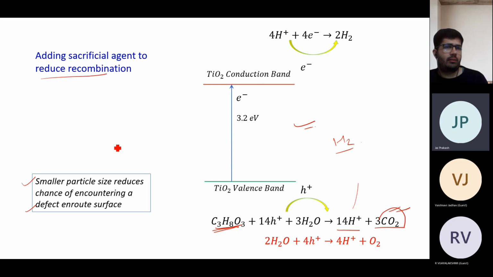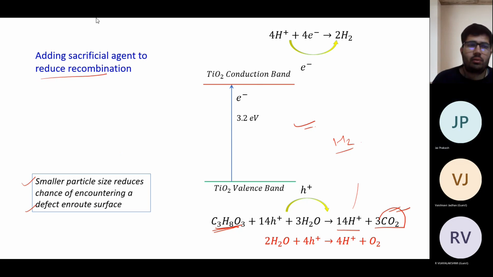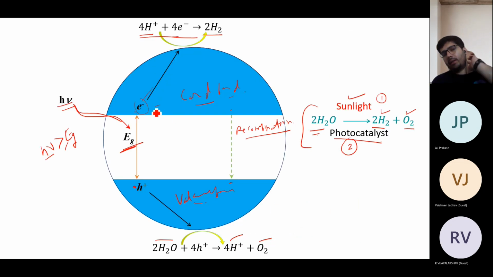So the small sacrificial particle size. What does it mean that smaller particle size reduces the chances of encountering defects? Suppose this is a particle.